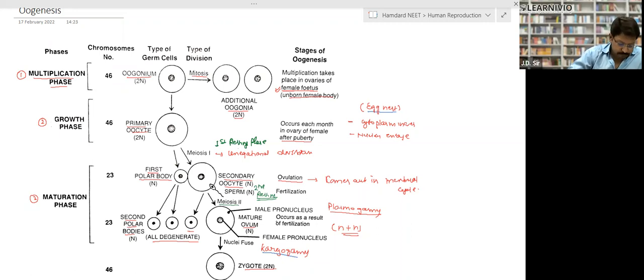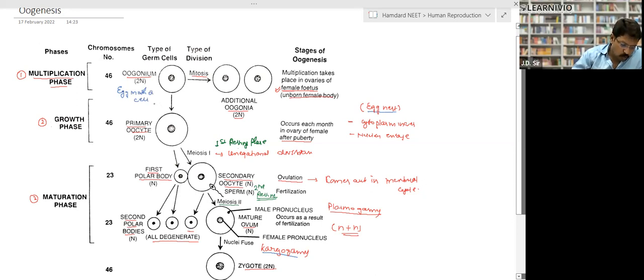Germinal epithelium of ovary have certain cells larger than other cells.